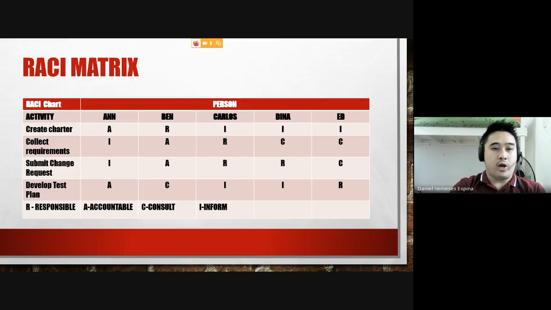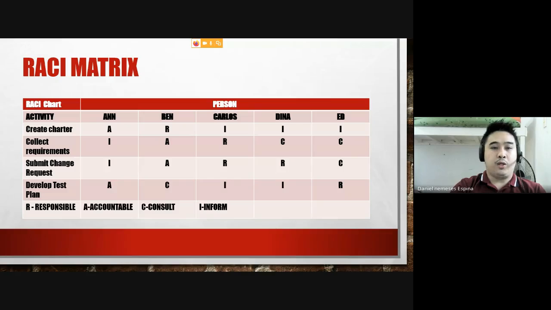Accountable is siya ang manubag if successful ba siya nga activity or not. So for example, si Ben is responsible in the creation of the project charter, but si Ann ang accountable. Okay? So accountable si Ann.